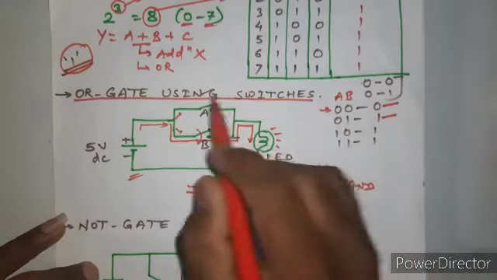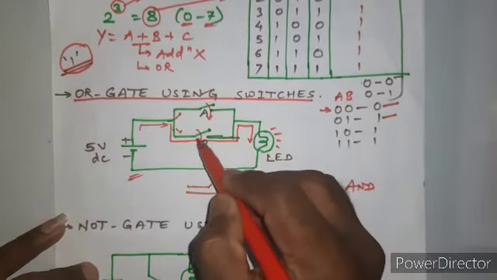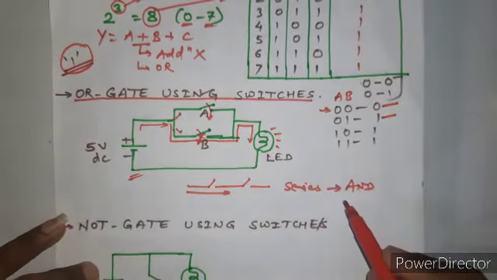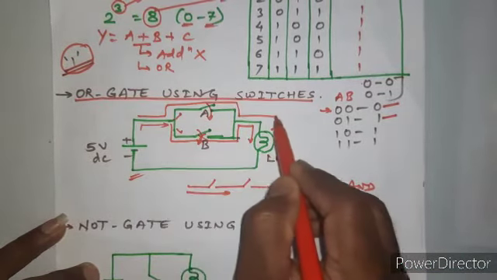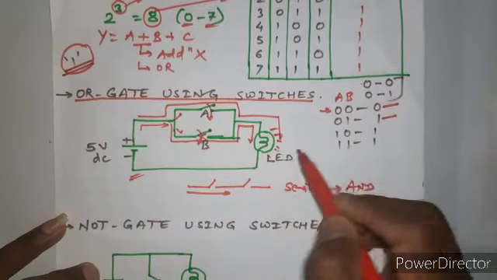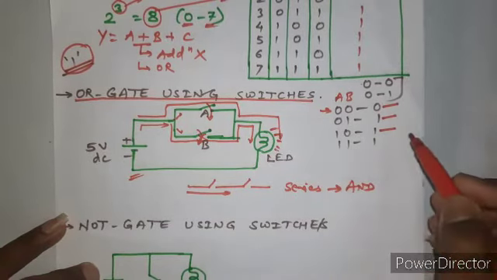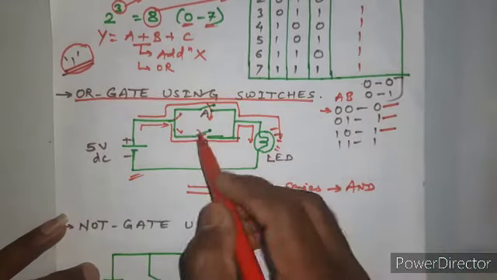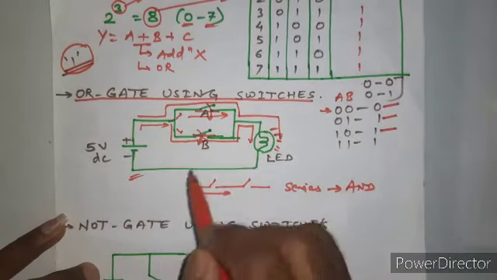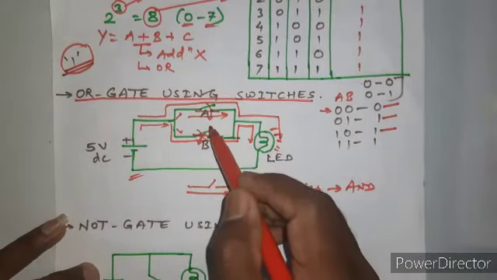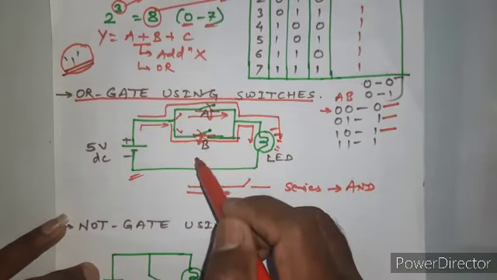In the next part, A is closed and B is open, right? So our current will flow from the switch A to LED and our LED will still glow, so it is 1. In the next part, both the switches are closed, so current can flow through any switch which would provide the minimum resistance.